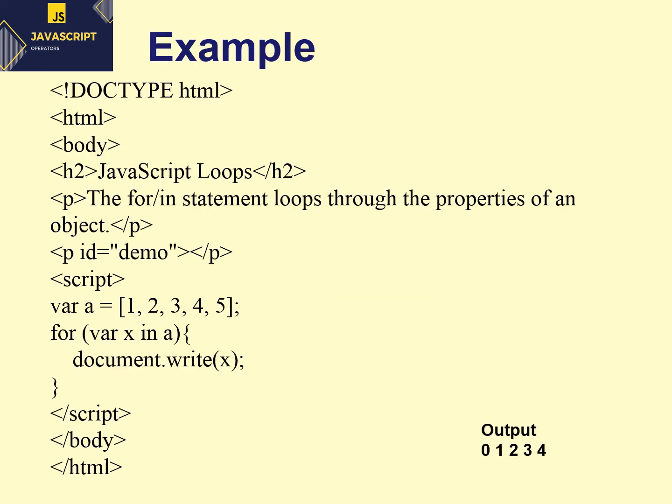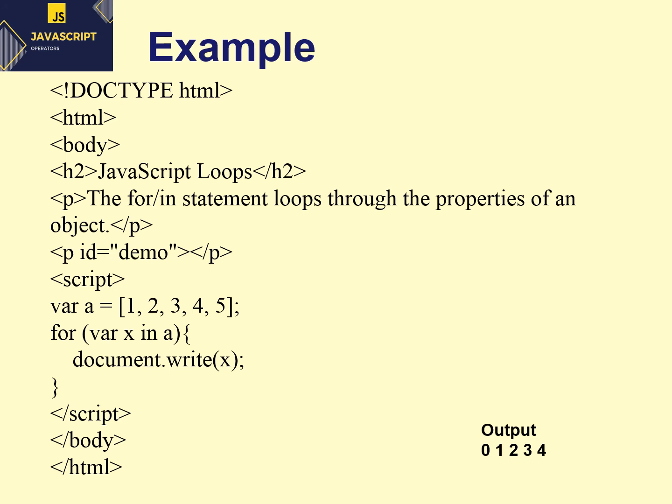Here we are having an example. You can just have a look at the example. Here an HTML document is there. In the body part, a header tag H2 is there, which contains the heading JavaScript loops. Then comes a paragraph: the for-in statement loops through the properties of an object. And the paragraph is closed. Then after that, p id equal to demo.